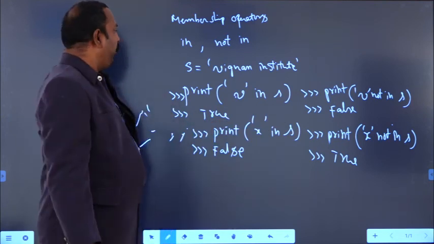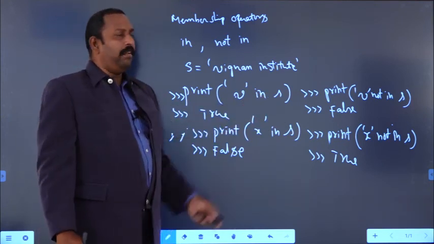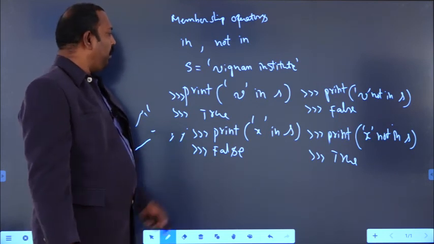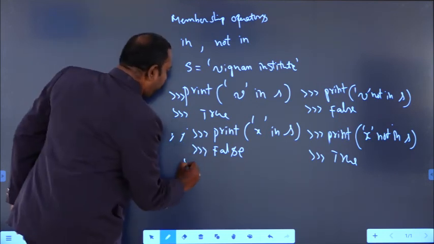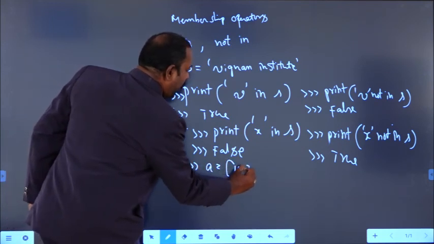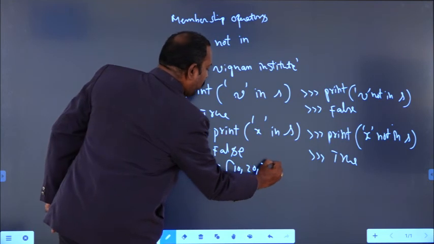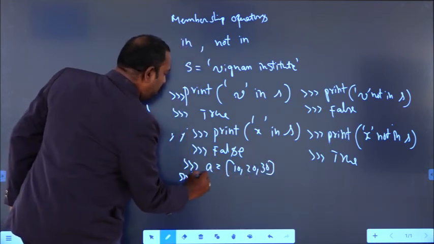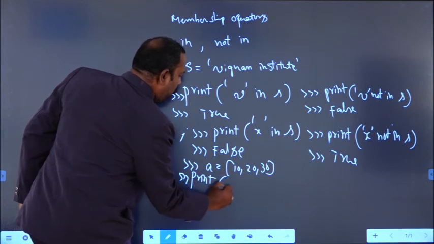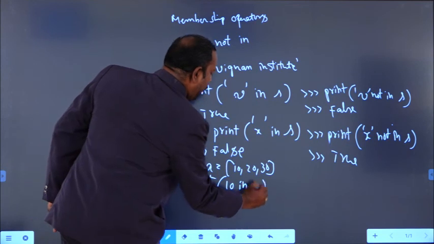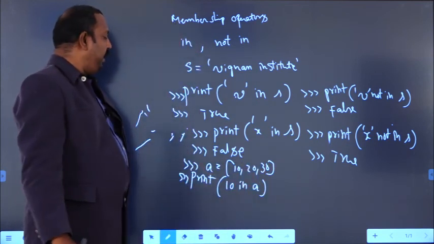Now we can use not only a string, we can use a list or a tuple. Any sequence can be used. Suppose I am using A equal to 10, 20, 30. Suppose I print 10 in A. Is 10 available in A, yes or no?